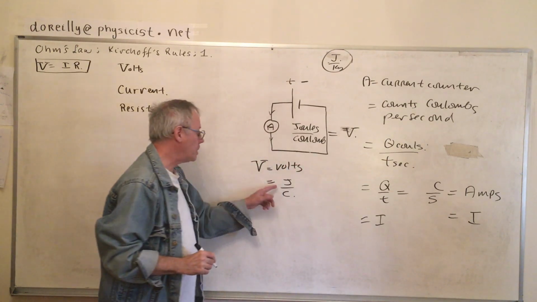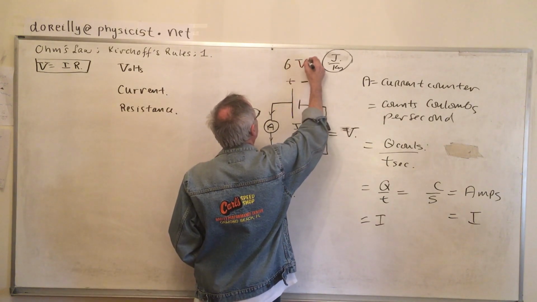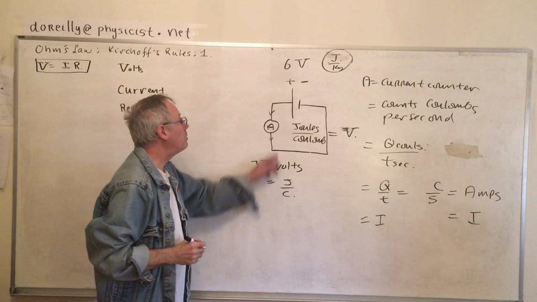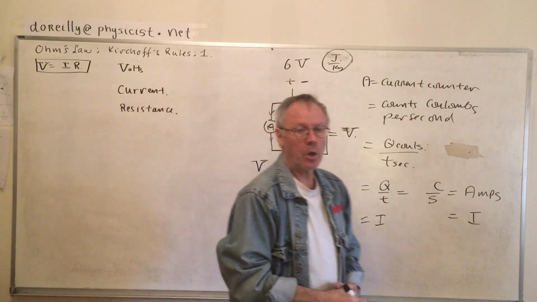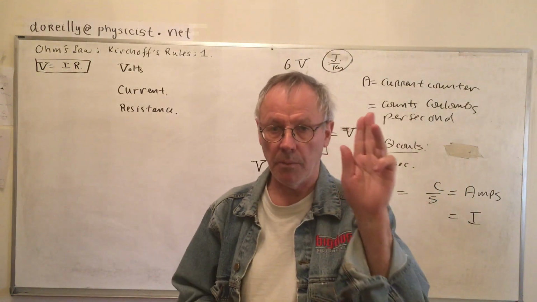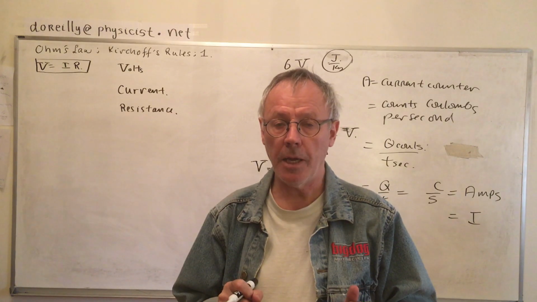And in symbols, volts is joules per coulomb. So we could have a difference of 6 joules per coulomb. 6 what? 6 volts. That means going through that battery, every coulomb of electricity picks up 6 joules of energy. Okay?